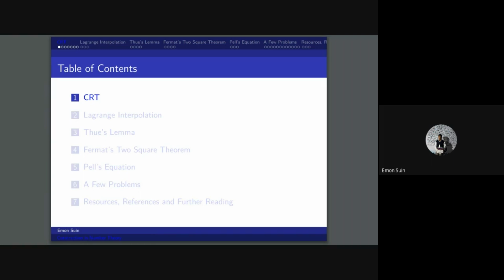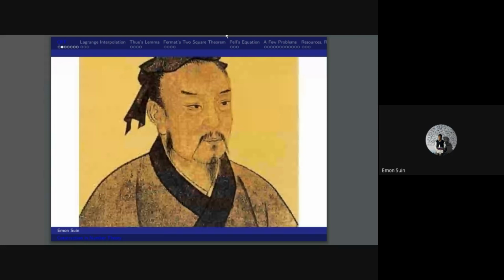So CRT. You are seeing a picture, and this is Sun Tzu. As you could have seen in my blog post, it was Sun Tzu who had actually started it, who had proposed and solved a problem with this particular method along whose lines the proof goes, and he had used this theorem with some specific numbers.